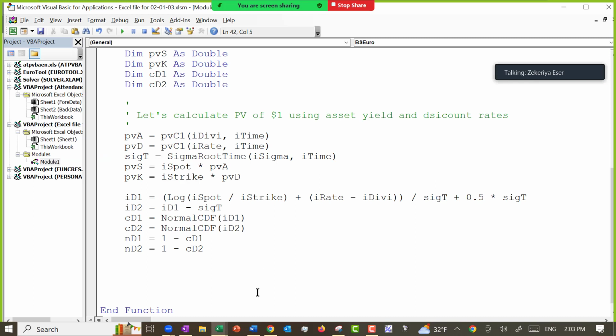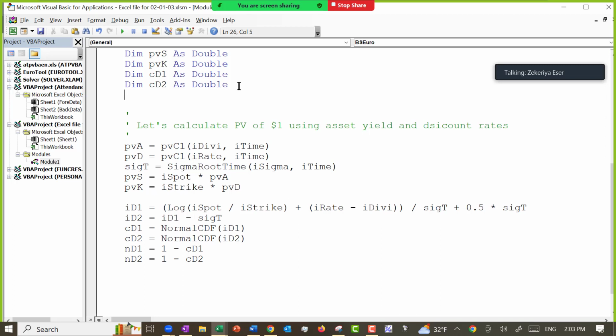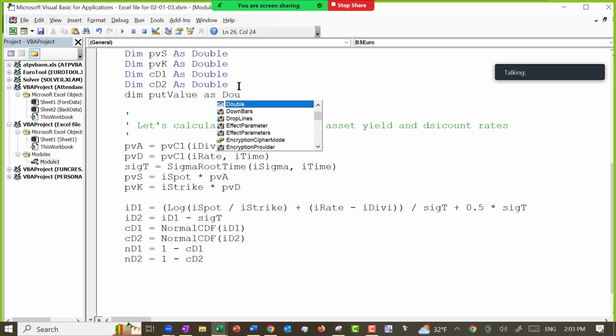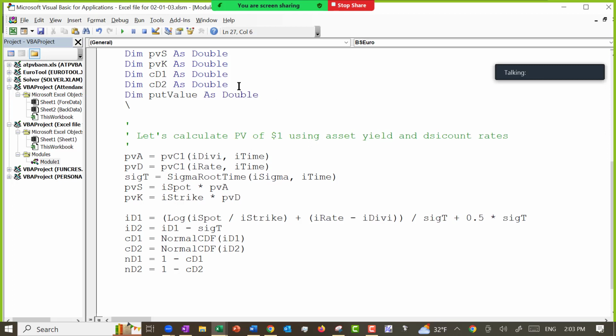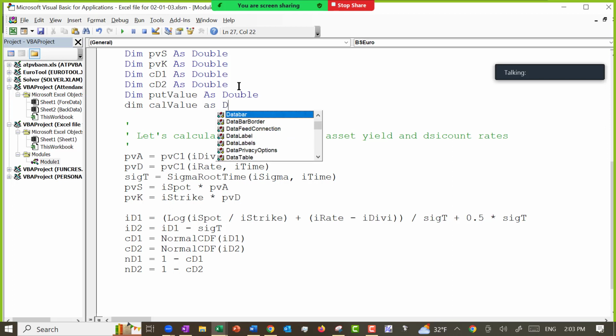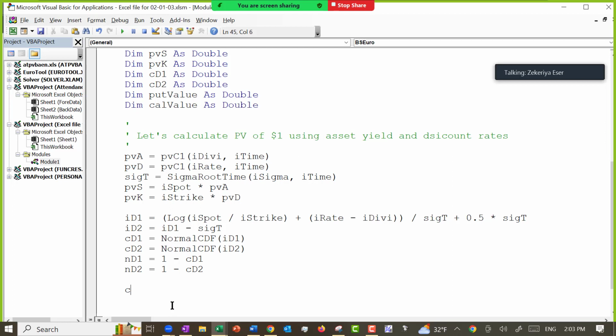Now let's call this put value. Let's calculate call value. Let's go to formula.